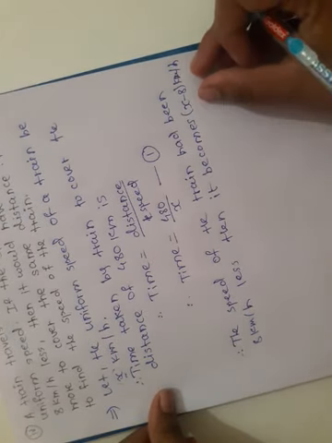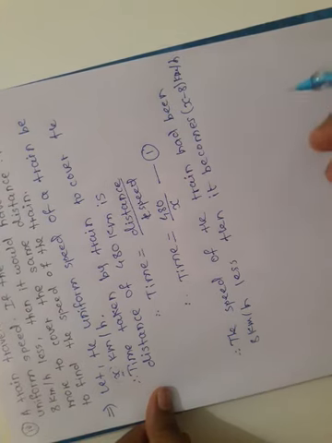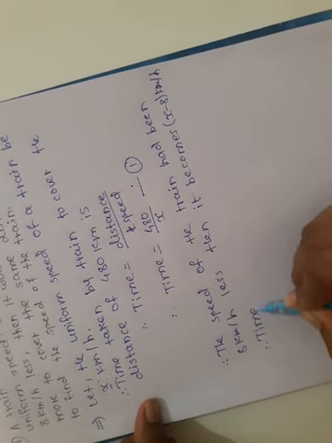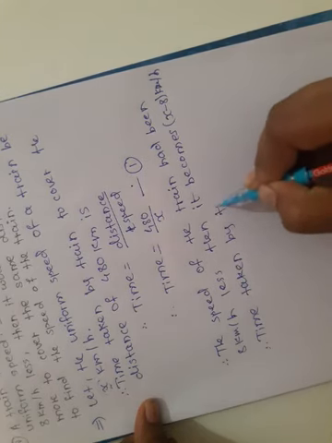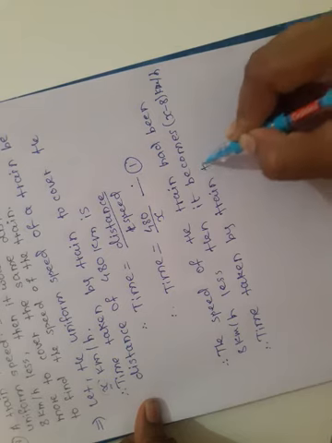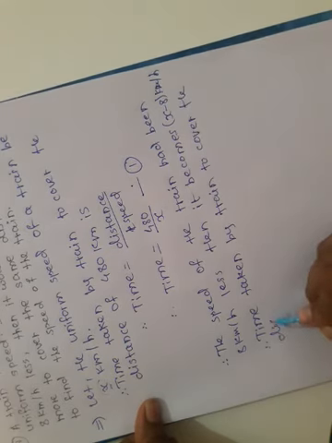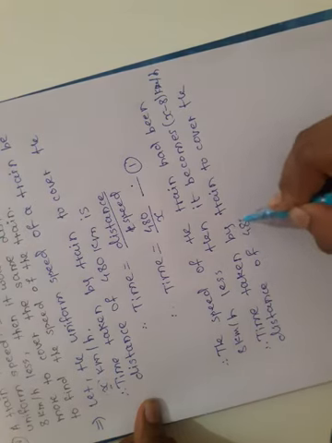Again, if the speed is x minus 8 kilometer per hour, then again the train takes time to cover the distance. Write down, therefore the time taken by train to cover the distance of 480 kilometer again.